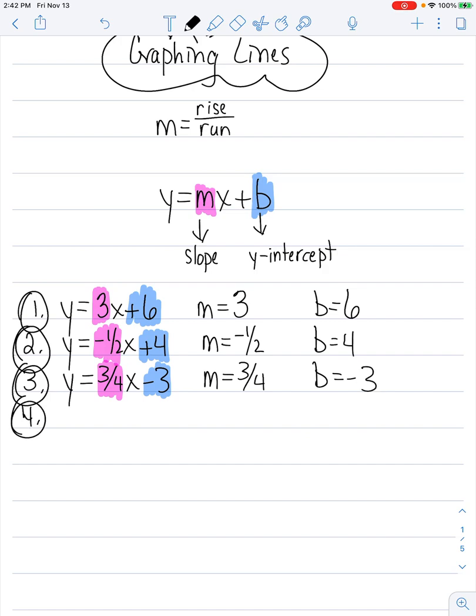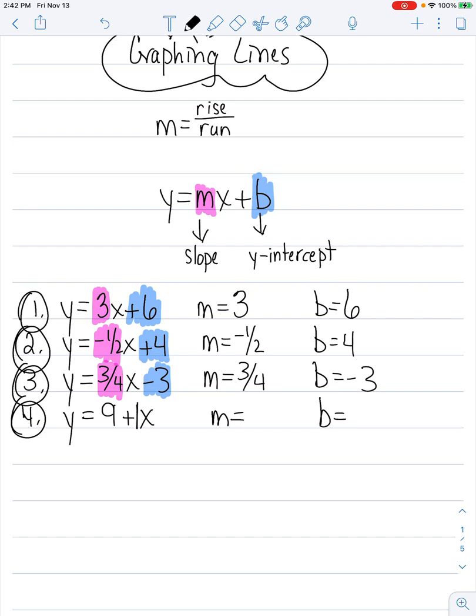Let's keep going. What if we have this? y = 9 + x. Well, first of all, they flipped our x and our plain old number. Don't be fooled by that. It's the same. So my slope is what's in front of the x, but there's not a number there. Well, there is.